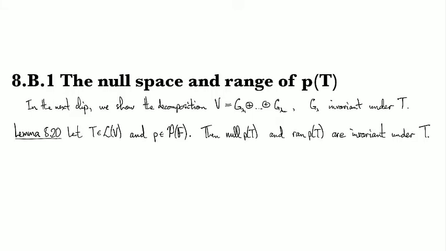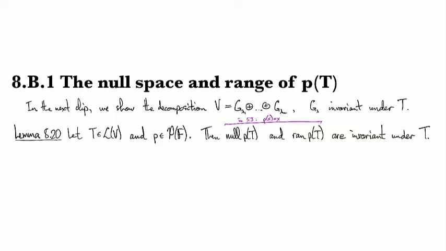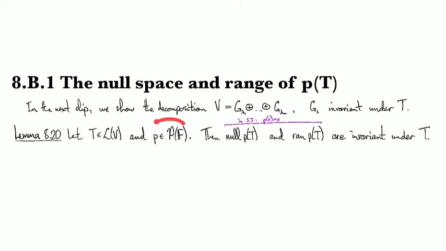Now, we actually proved that the range and null space of T are invariant back in 5.3, where we looked at the identity polynomial. So now we're going to extend it to a general polynomial.